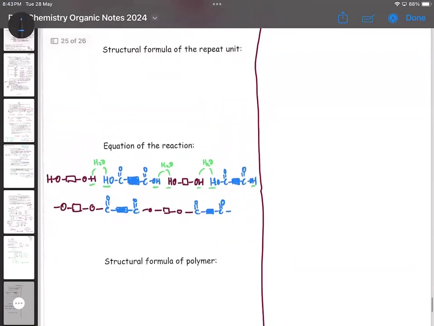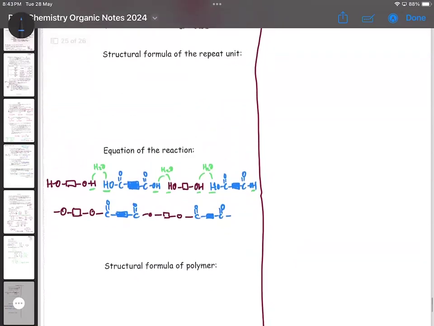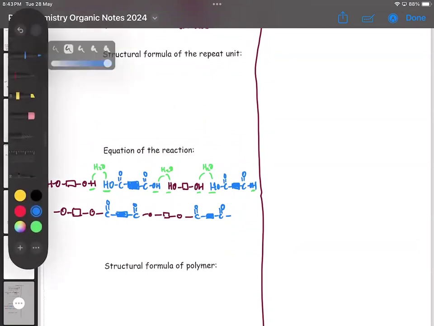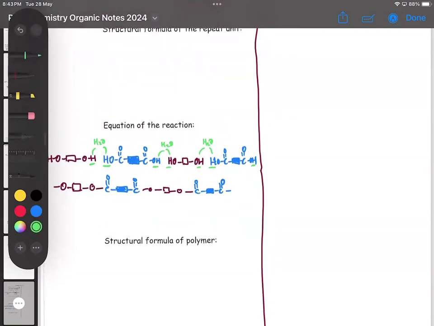So you can see that the structure itself also duplicates. So this is actually one repeat unit. This is another repeat unit.